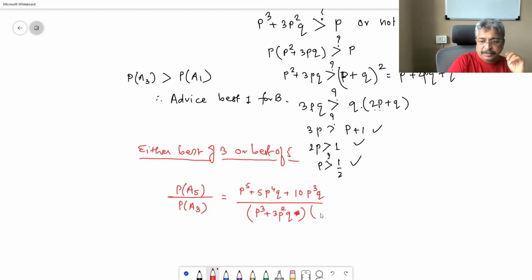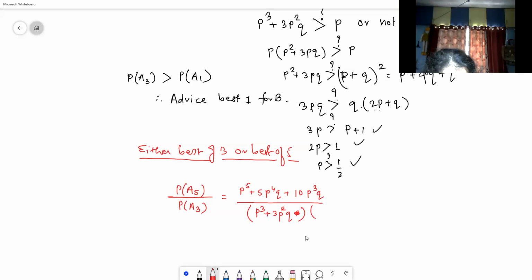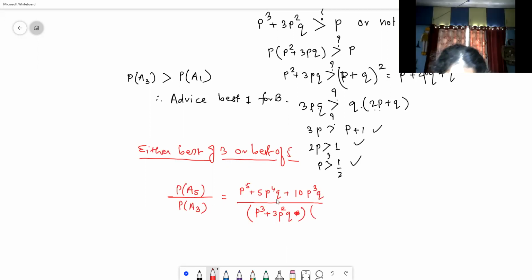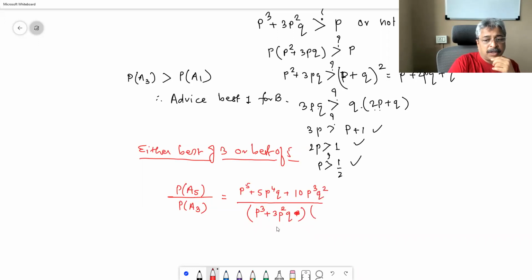Numerator is 5th degree. It should be P cube Q square, right? Also in the numerator, 10 P cube Q square. Yes. So if we want to compare this ratio, numerator is degree 5, therefore we make denominator also degree 5.